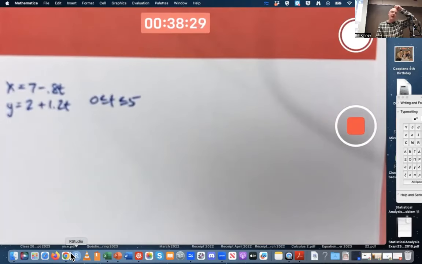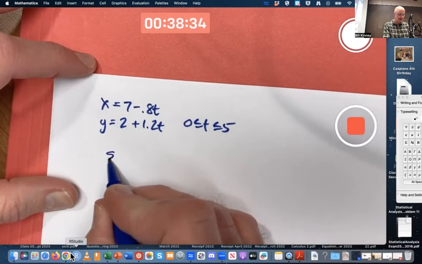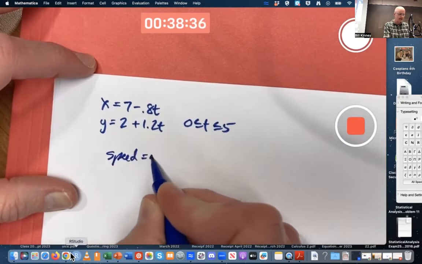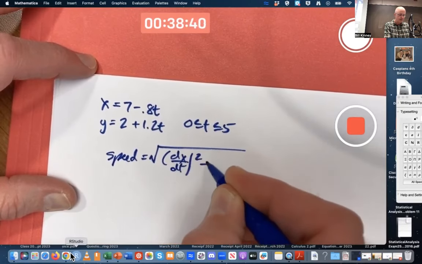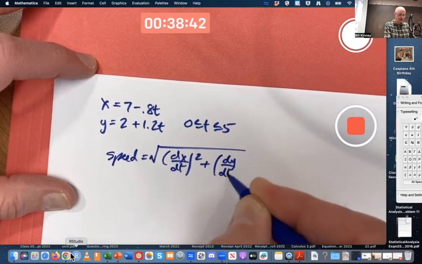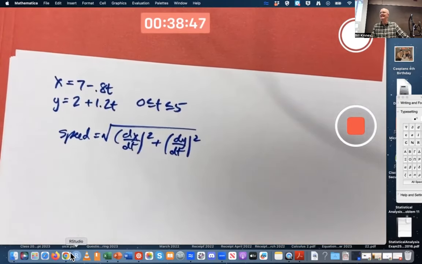The constant speed, by the way, I'm not going to derive it, but the constant speed turns out to be the square root of dx dt squared plus dy dt squared. It's effectively an application of the Pythagorean theorem to the velocity vector.